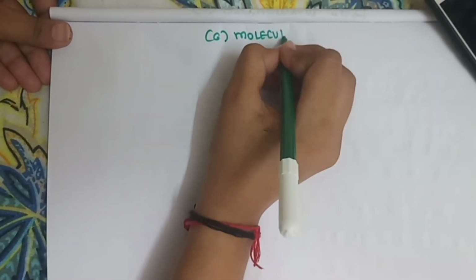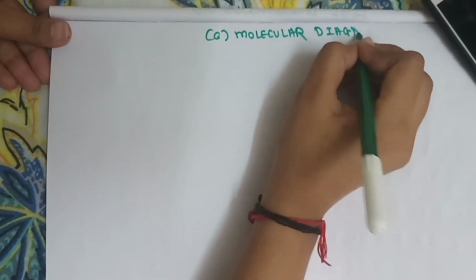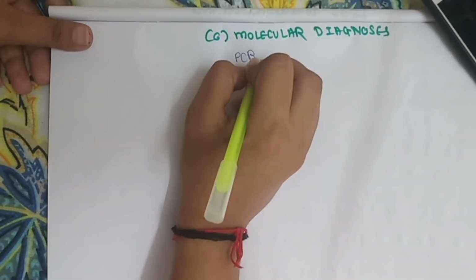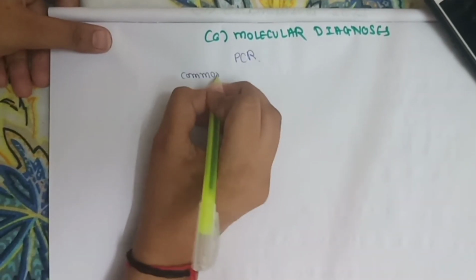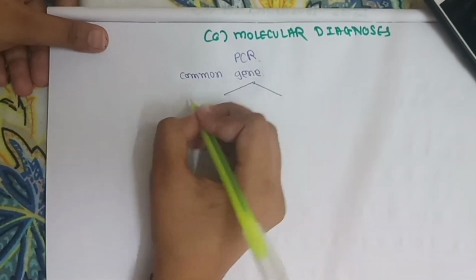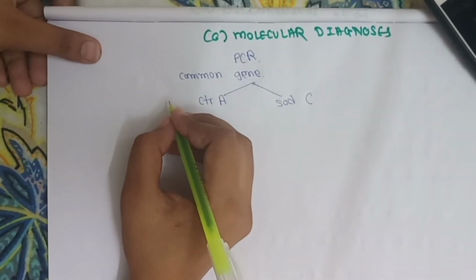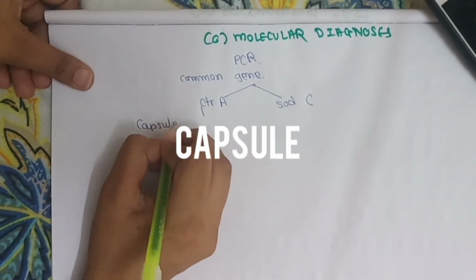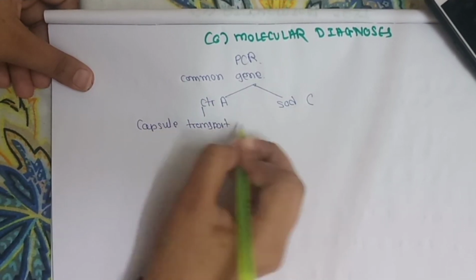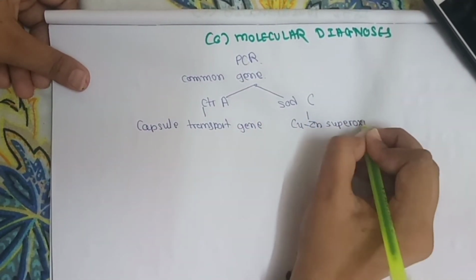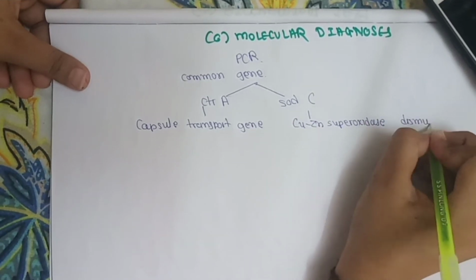Now the sixth method is molecular diagnosis. Whenever it comes to molecular diagnosis, PCR is very helpful. The common genes targeted here are CTRA and SODC. CTRA is the capsular transport gene, and SODC is the copper-zinc superoxide dismutase gene.